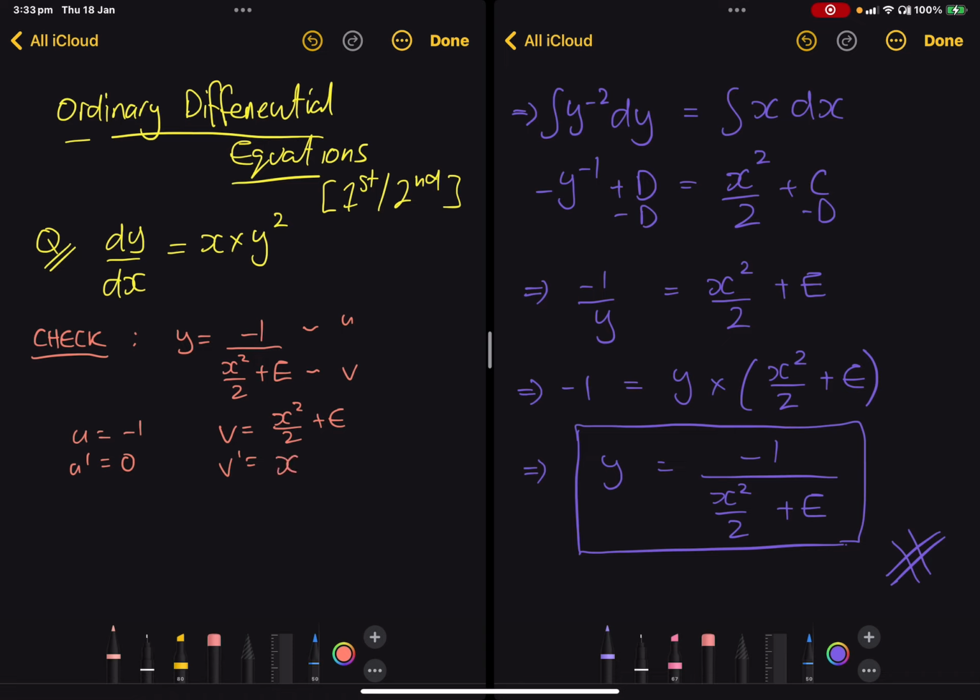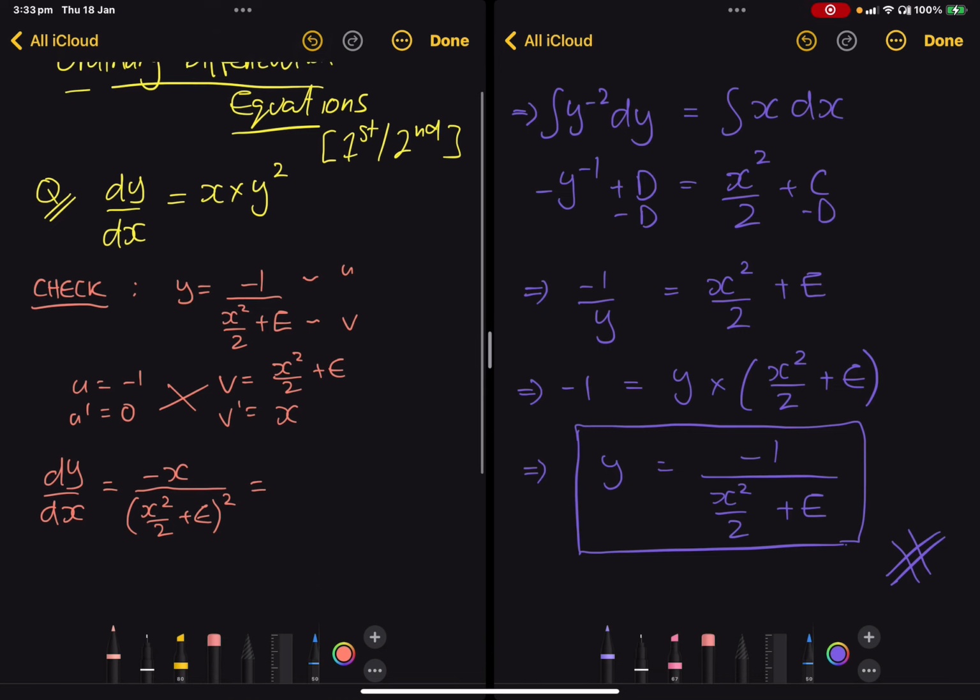So now our quotient rule tells us that dy/dx is going to be u prime v minus u v prime. So u prime v is 0, u v prime is minus x, divided by v squared, which is x squared on 2 plus e squared. So this is our derivative.